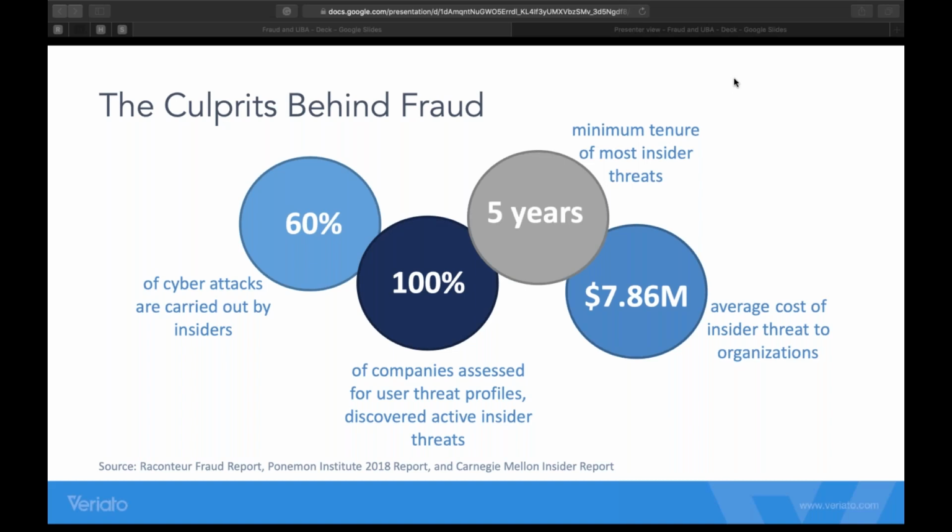Adding to the problem is the fact that even the most reliable and seemingly harmless employees can change in an instant, or can evolve throughout the 5 years or 10 years they've been at the company, to pose a threat. And because of their insider knowledge, that becomes even more difficult to manage.